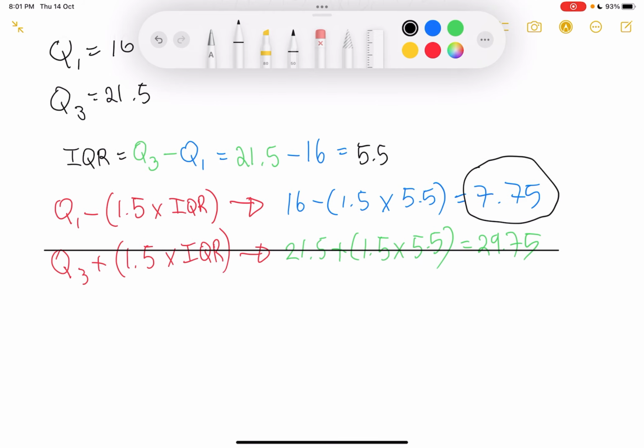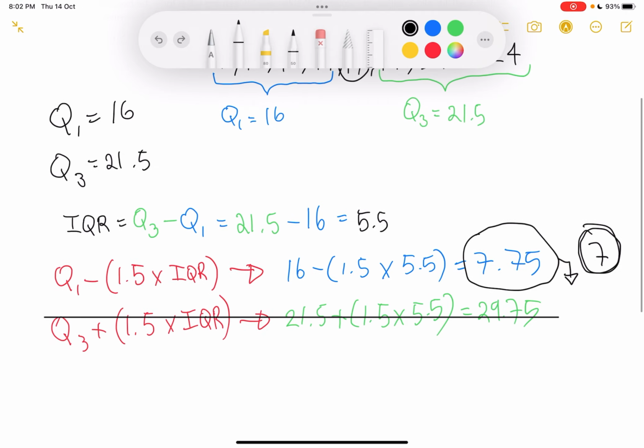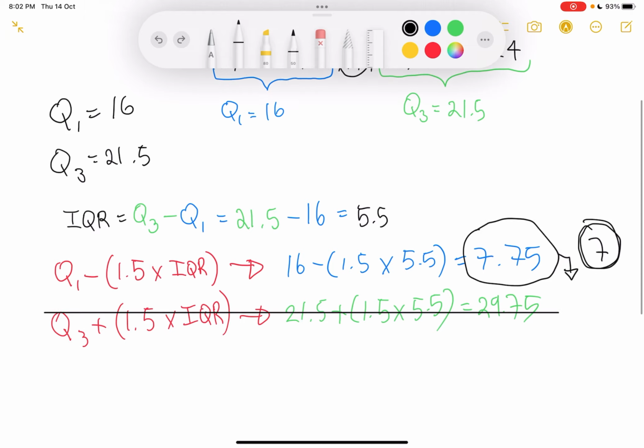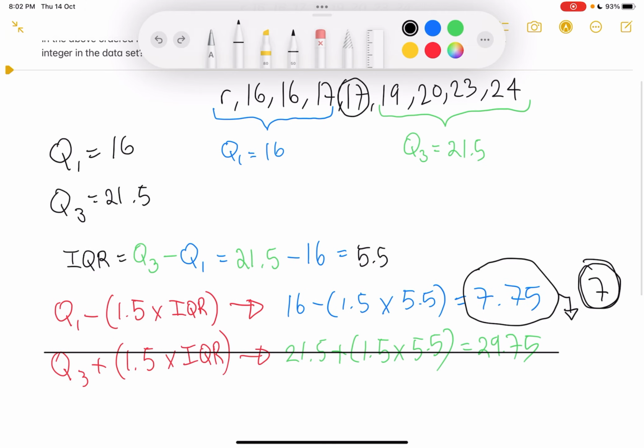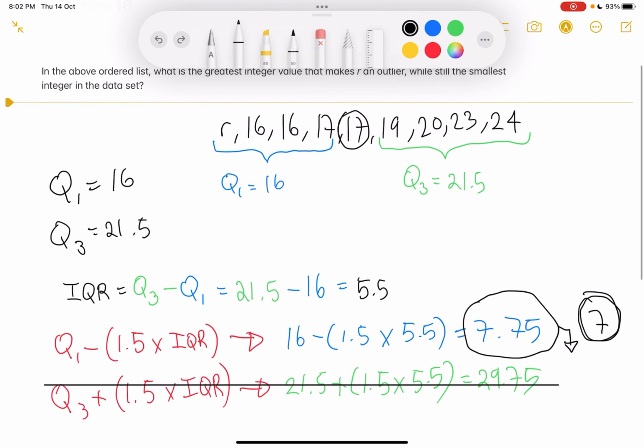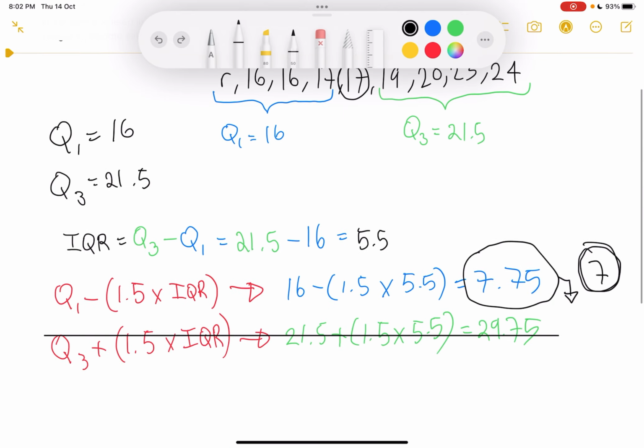And we are going to round it down to 7. Why round it down even though supposedly you're supposed to round it up? Because if you round it up, it's already an outlier. It's far beyond the outlier limits, so you want to just round it down to 7. And that's how you do question 16.